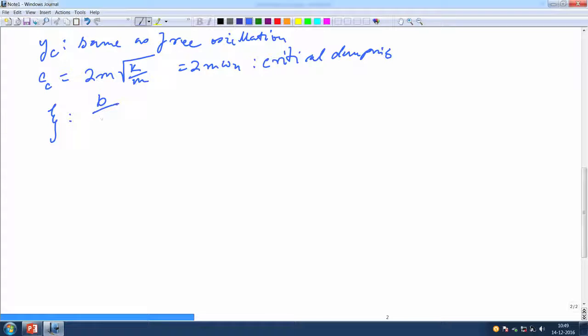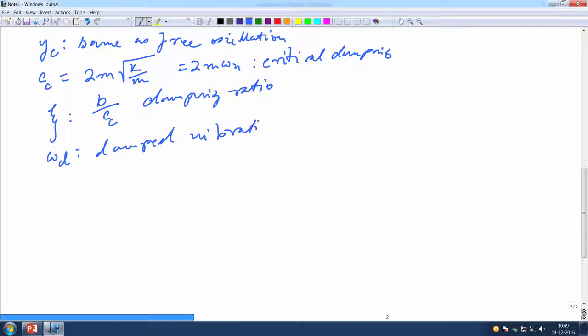Damping ratio is basically B by Cc. And then there is something called the damped vibration frequency, which is given as square root of 1 minus zeta squared into omega n.